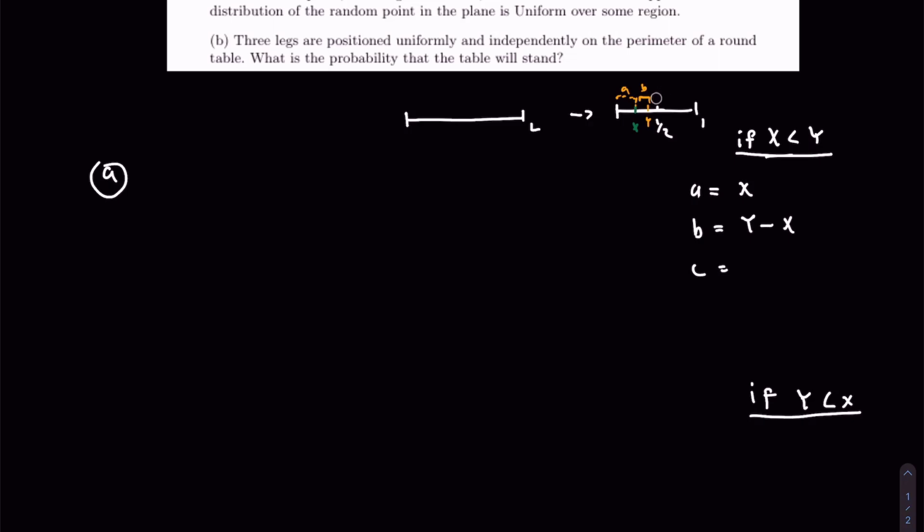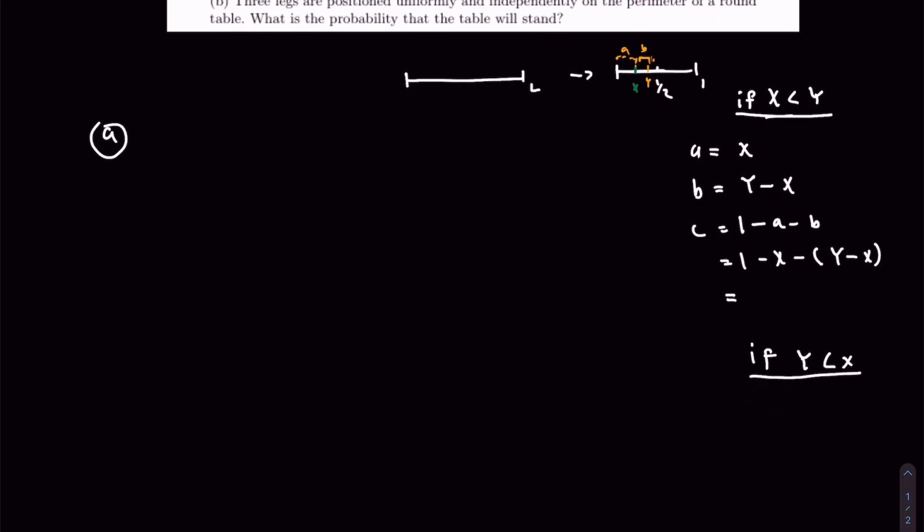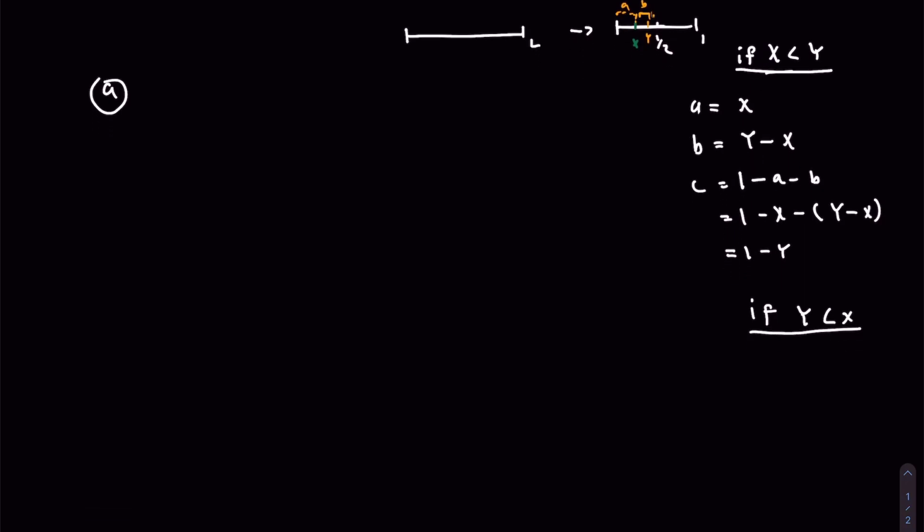C can obviously be anything that respects it being less than half, but we don't have to write it out separately. We just think about the remainder, 1 minus A minus B, where A is just x and B is y minus x, and so C is 1 minus y.